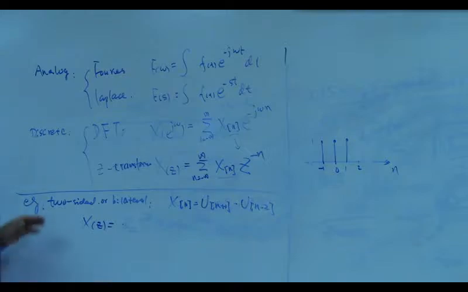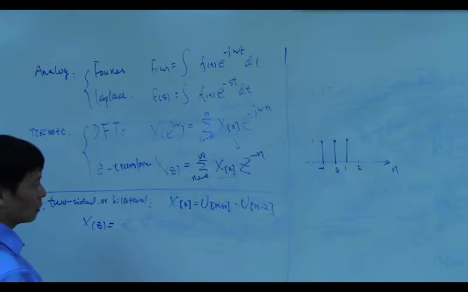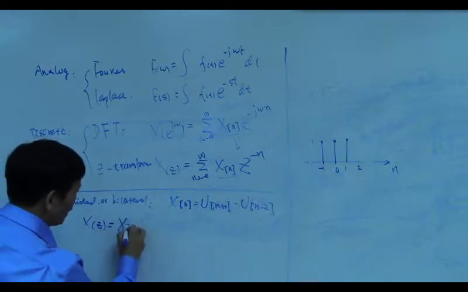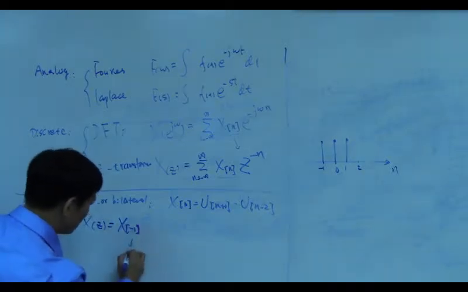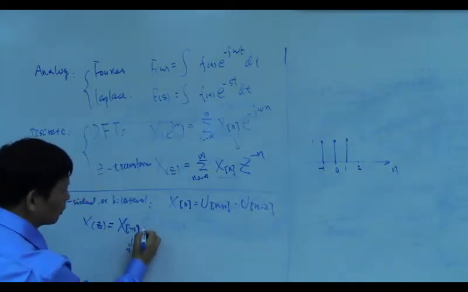Now we start from the first non-zero term, which is when n equals -1. So n equals -1, that means x[-1] here. Then times what?